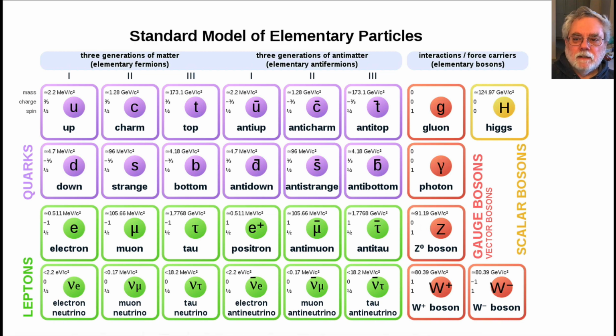At 10 to the minus 11 seconds, all the standard elementary particles and their antiparticles were continuously created in pairs as the average photon energy was higher than the particle rest masses.